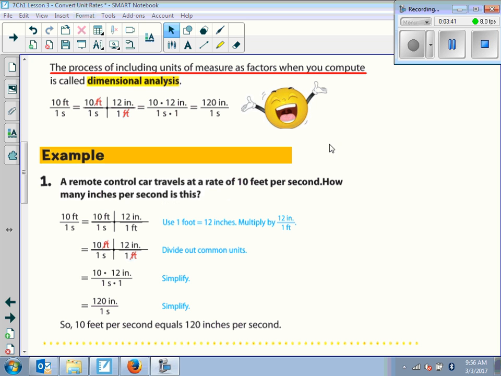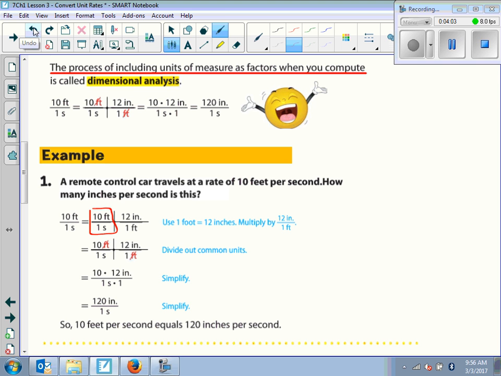We need to convert the feet to inches. So we start off right here, 10 feet over 1 second. Now, the conversion factor, or the unit ratio, is 12 inches is equal to 1 foot.